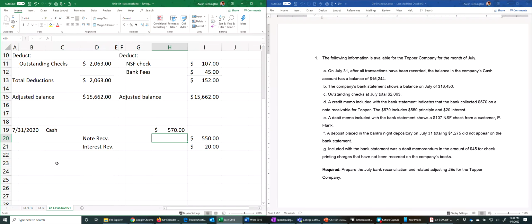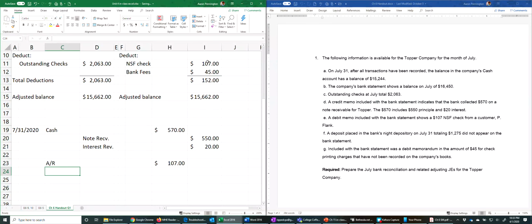And the second: you've got half the entry, we're going to credit cash. The NSF check is a bounced check. You're going to put that back into a receivable and try to collect that money. You're going to send a notice to Mr. P. Flank: your check bounced, we're adding a $35 fee to it, please pay us immediately.